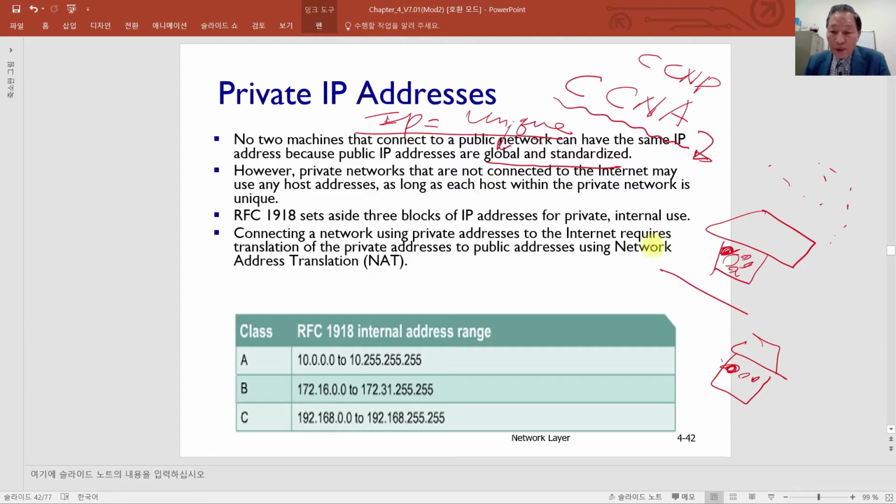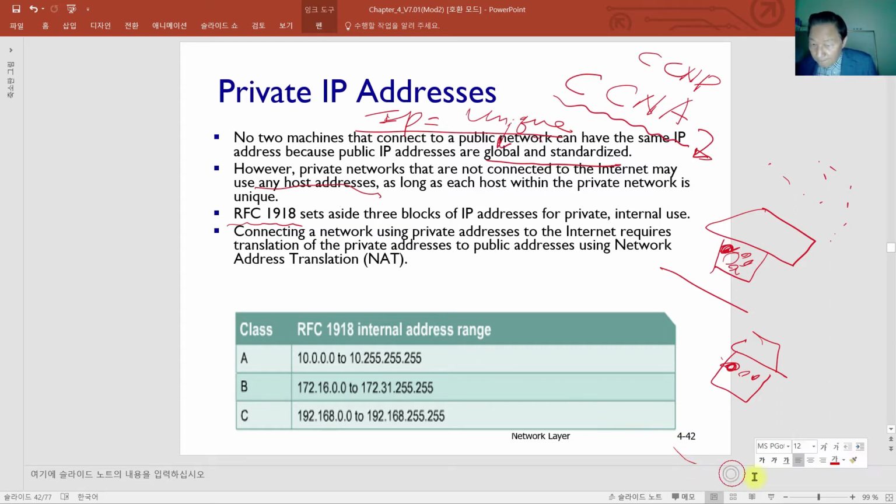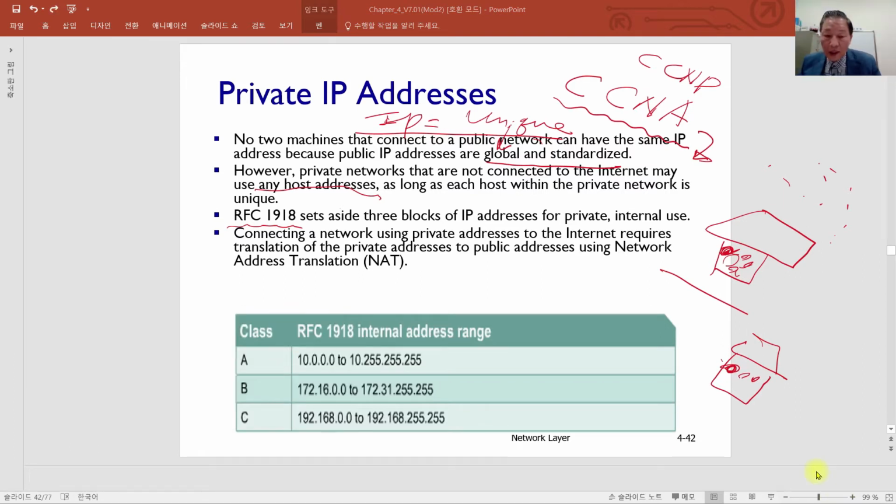That is called a private IP address, and this one explains a little bit more in detail. However, private networks that are not connected to the internet may use any host addresses as long as each host within the private network is unique. And this RFC 1918 explains a little more in detail.